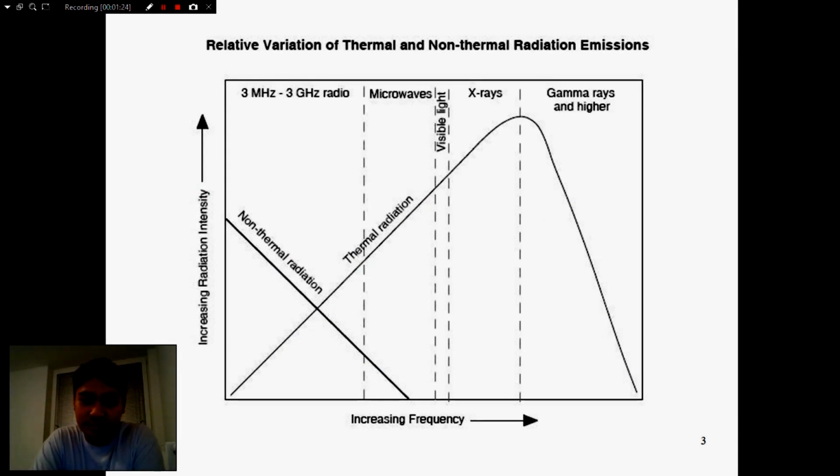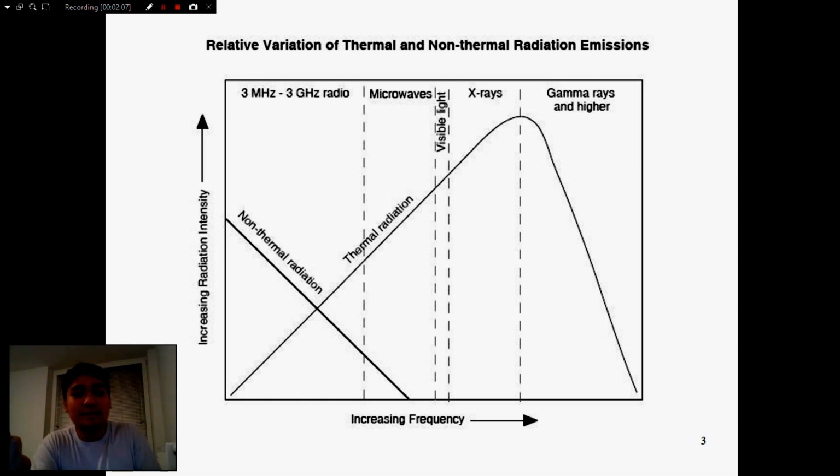The first thing I want to tell you about is radio emission processes. We have two radiation processes in radio. The first is non-thermal radiation, aka synchrotron radiation. You can see in this plot of intensity versus frequency that non-thermal radiation is brighter at lower frequency.